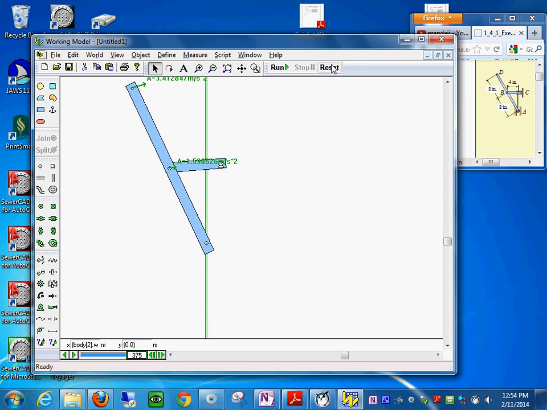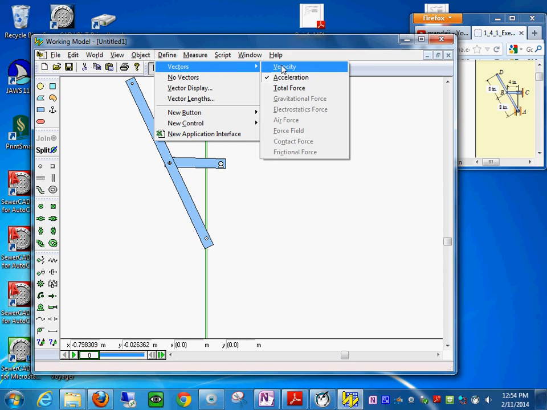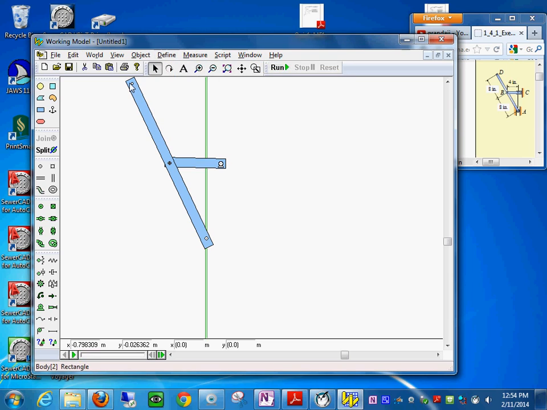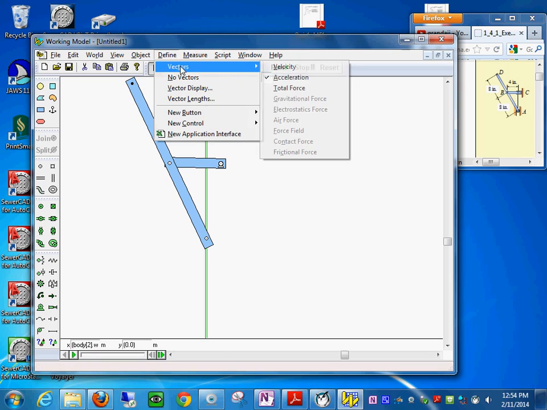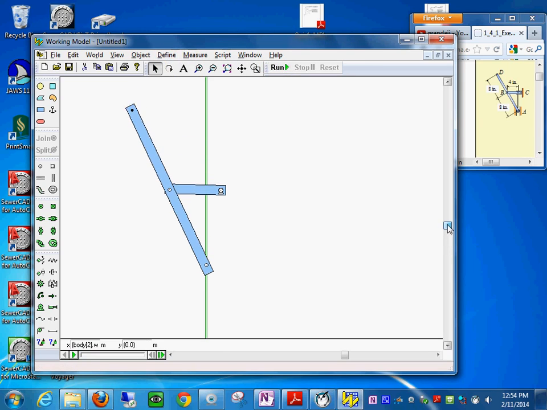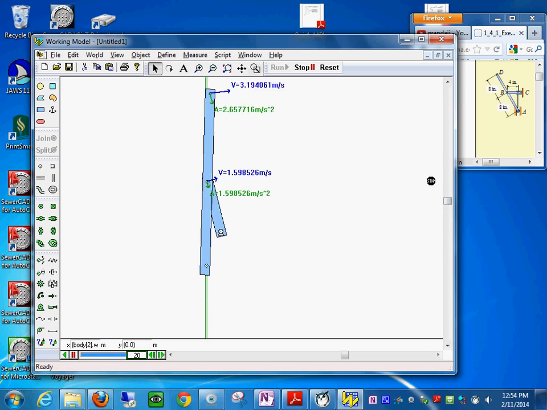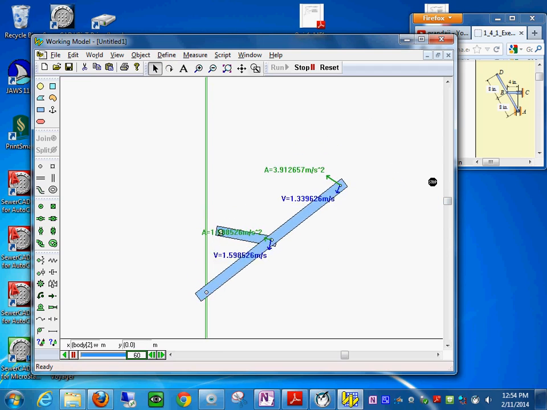And not only the acceleration, but I can put the velocity vectors in here, and we will have both at the same time. It says define the velocity vector. And guess what's gonna happen? I'm gonna move it down here. It's gonna plot both of those. Do you see what happens?